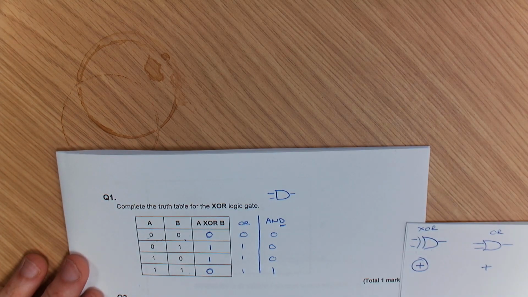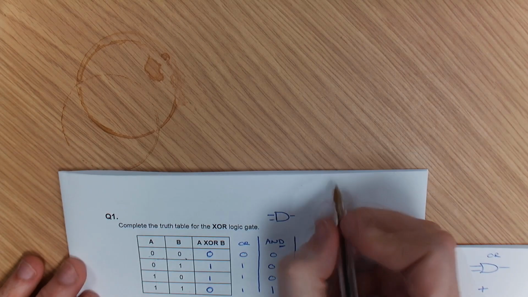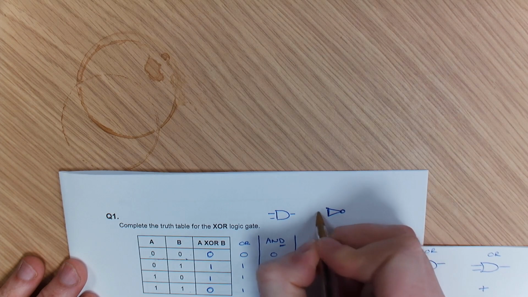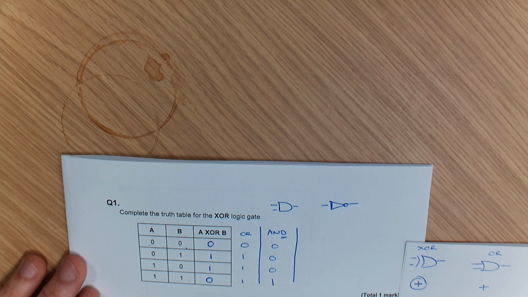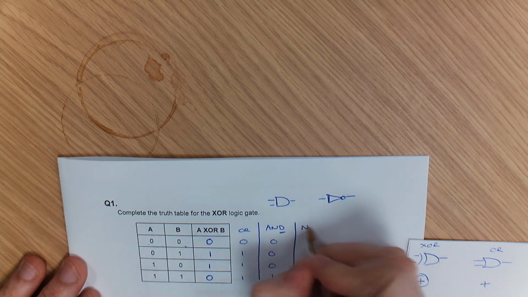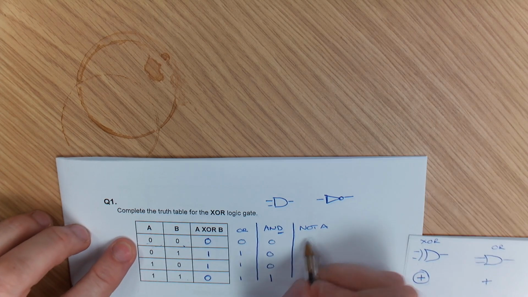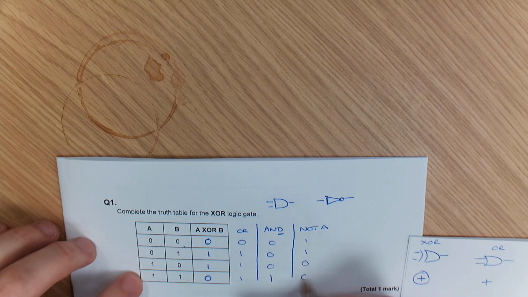Okay? The last one we have is, I'm just going to show you a NOT gate. A NOT gate is a triangle with a circle at the end. And what it does is it inverts. So whatever comes in, the opposite comes out. All right? So if I did here NOT A, okay, that would be 1, 1, 0, 0.